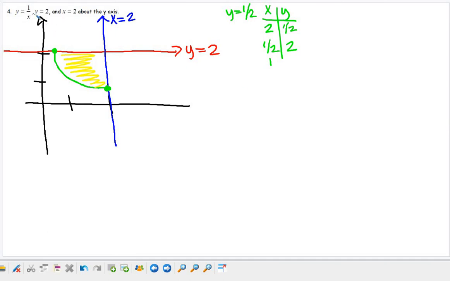And it says rotated about the y-axis, which means we're rotating this way, which means my radius runs like this, which is delta y.